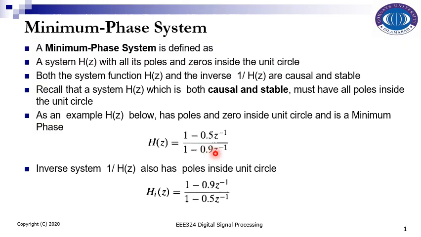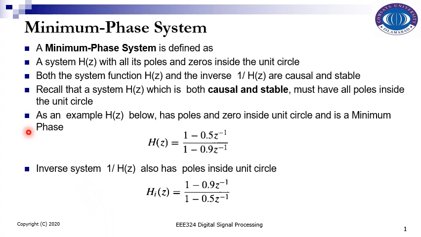Because for H(z) both the zeros and the poles are inside the unit circle, when we invert it, the inverse system will also have its poles and zeros inside the unit circle, and it will also be a stable system.